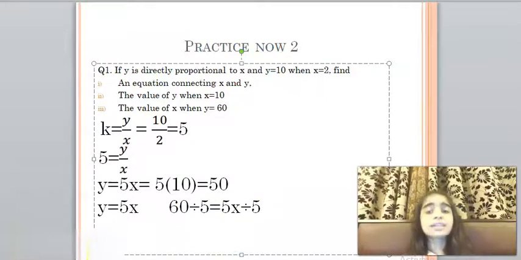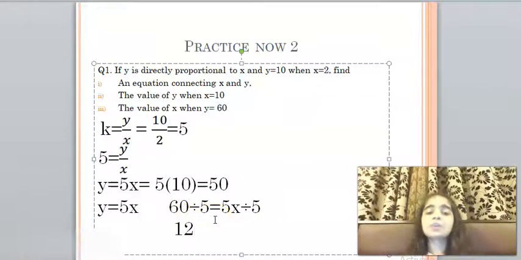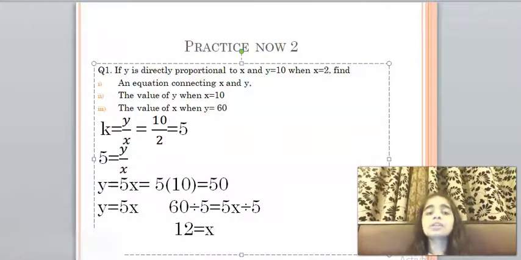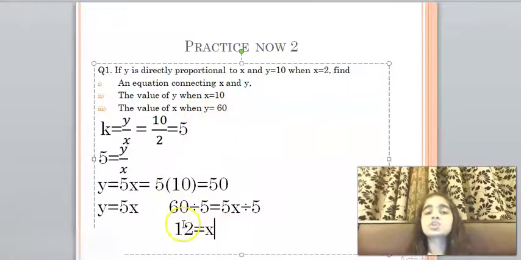I will divide it by 5 on both the sides. Now, as I divide my equation by 5, what is 60 divided by 5? 60 divided by 5 is 12. And what is 5x divided by 5? So we are only left with x. So our answer for part 3 is 12. The value of x when y is 60, that value is 12.